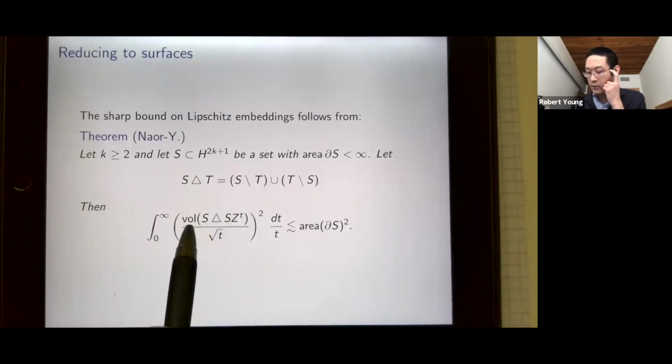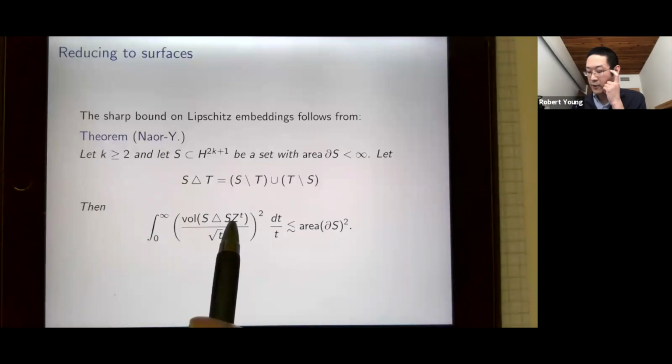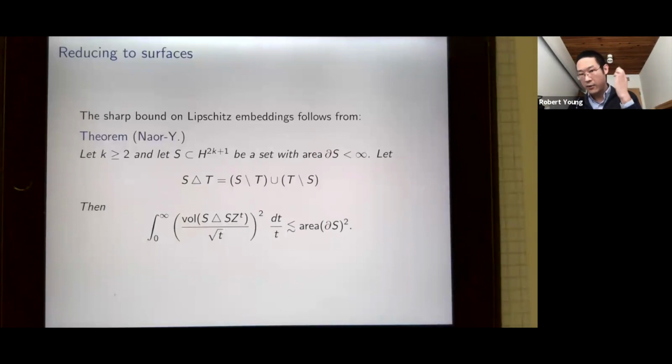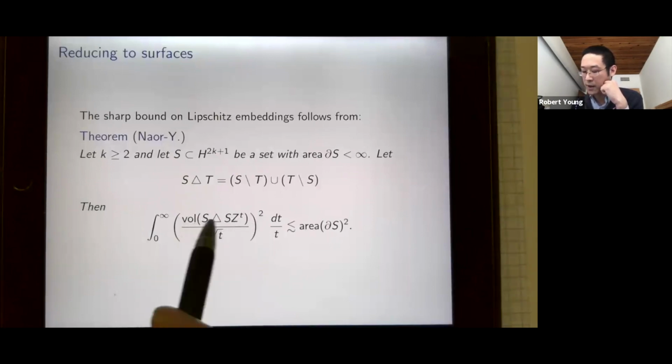In the middle here, we have the volume of S symmetric difference SZ to the T. That's the amount that the set changes when you translate it up by T. Equivalently, that's the number of points that are separated vertically by t, such that one of them is inside the set and one of them is outside the set. So this quotient here is very similar to the quotient we saw before. This measures how well points that are separated vertically by t get separated by the map.